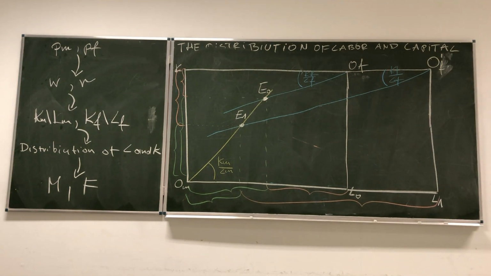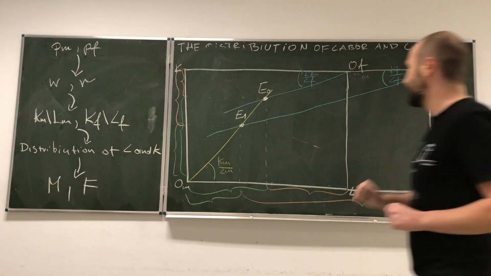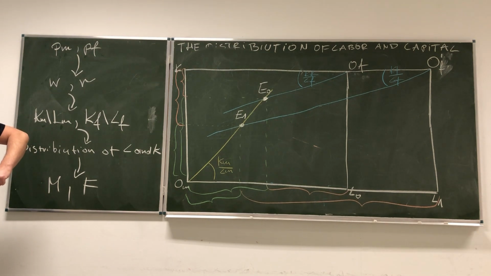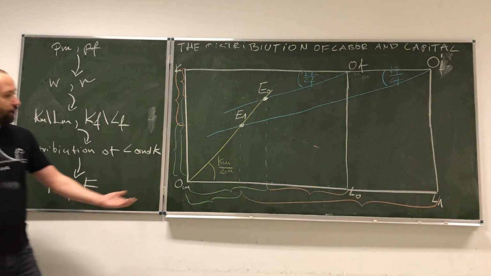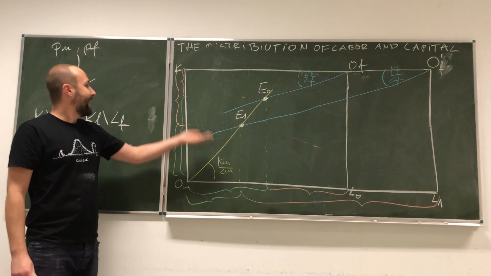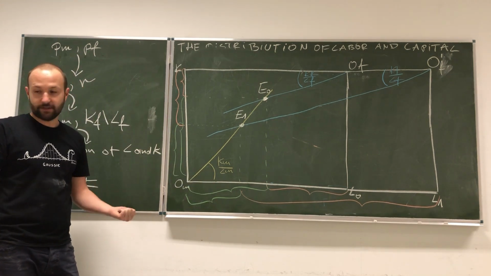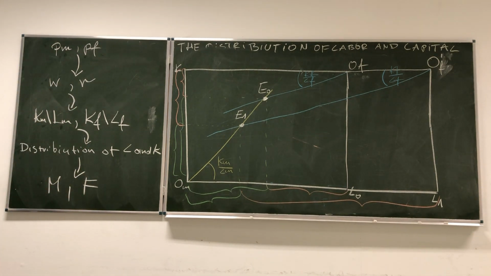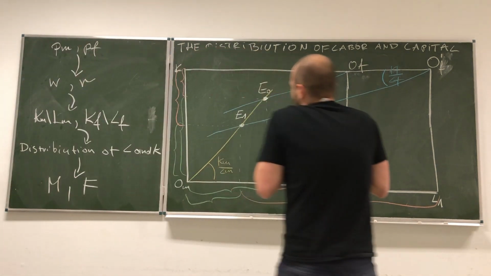On the other hand, in case of manufacturing, it will use less labor and less capital. Okay, and as you see, this is the key insight of the Rybczyński proposition.